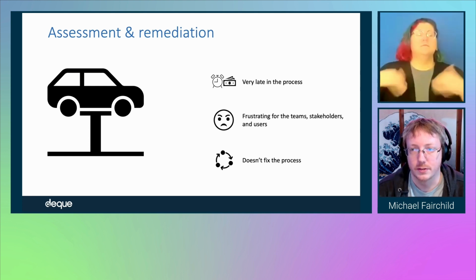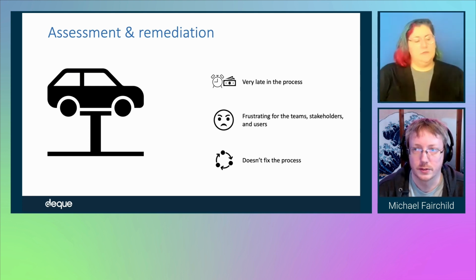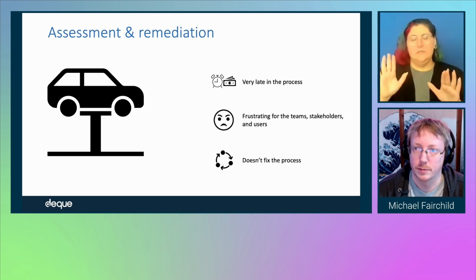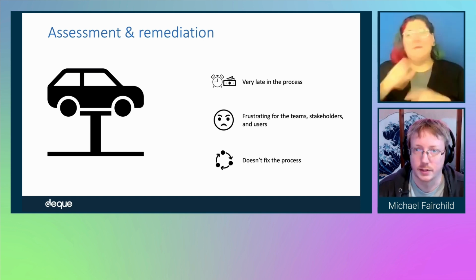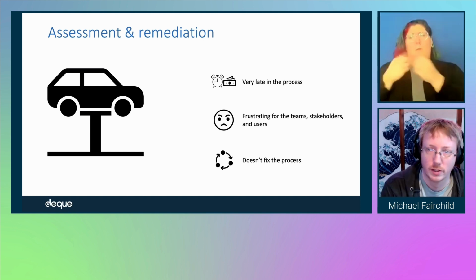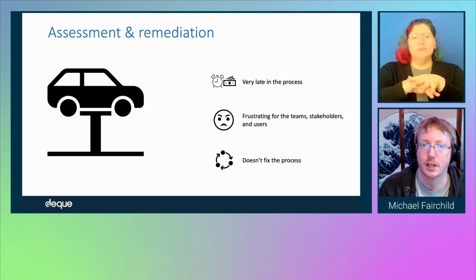And this doesn't fix the process, right? This is just a Band-Aid that we sometimes use at the end of the process to fix accessibility, but it doesn't integrate accessibility into any part of the process that happens before the code is built.